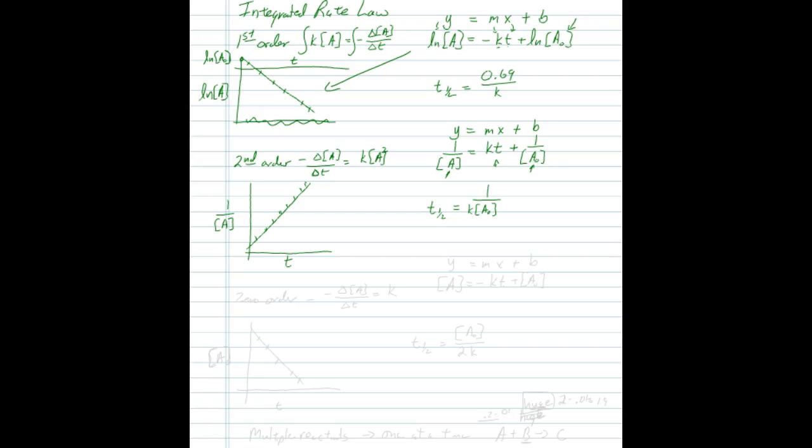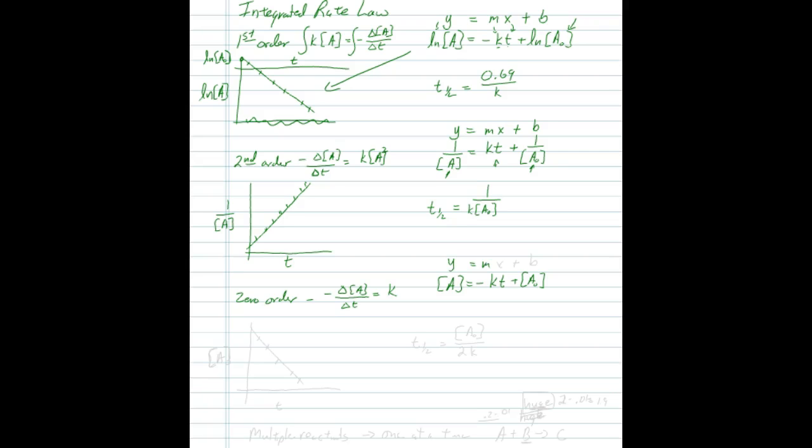The last one is zero order. Negative change in concentration over time is equal to K. If you integrate that, you get concentration of A equals negative KT plus concentration of A naught.